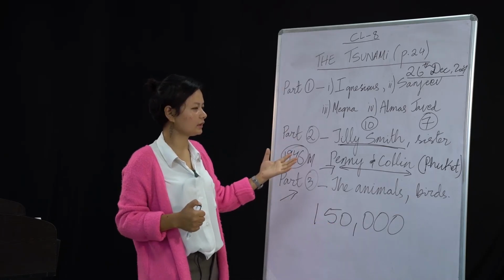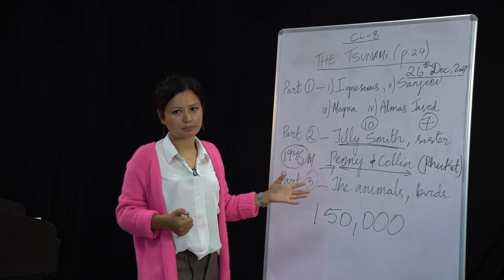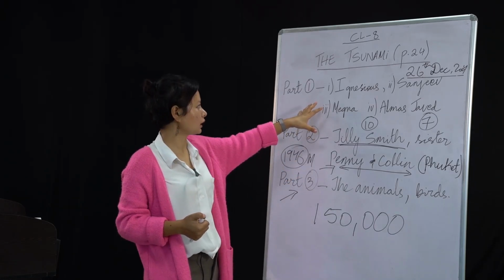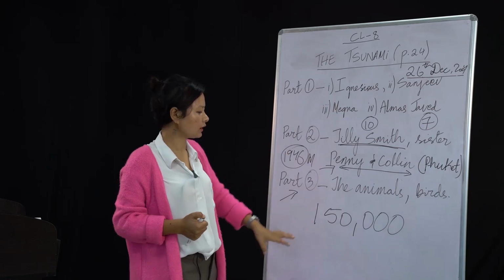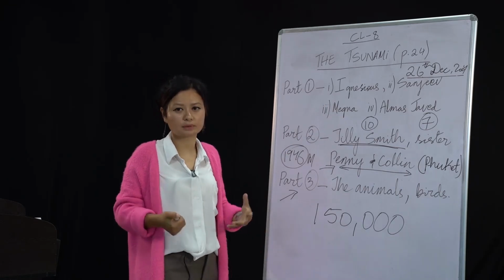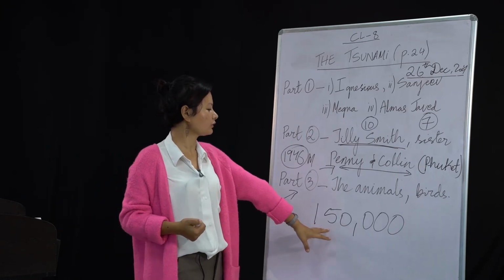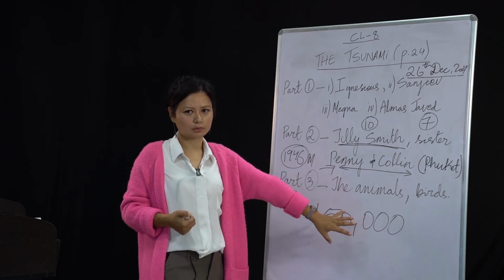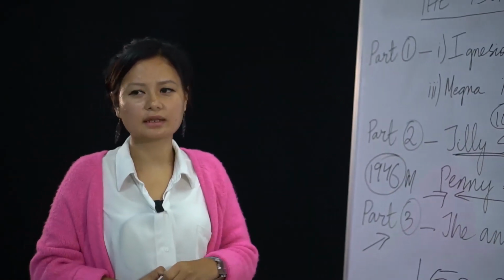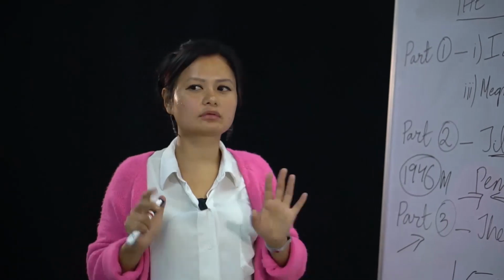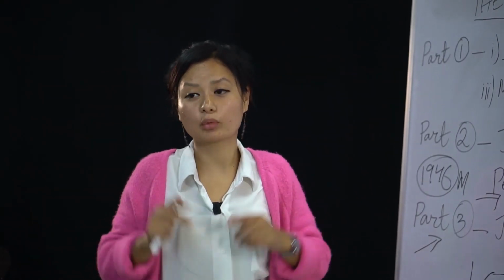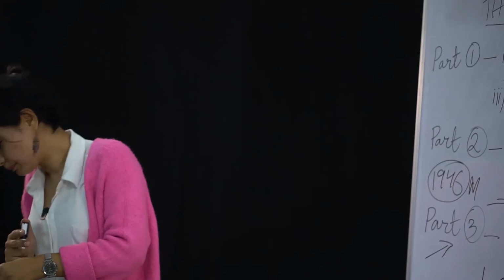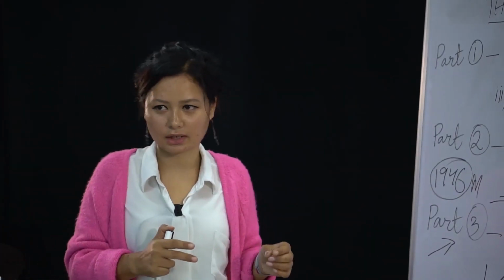Many houses were destroyed, families were separated. We could understand that from the stories also. And then many lives were lost and properties also. So 150,000 people's lives were lost, but it was said that in the tsunami, only 2 water buffaloes died in one national park, that is the Yala National Park in Sri Lanka.